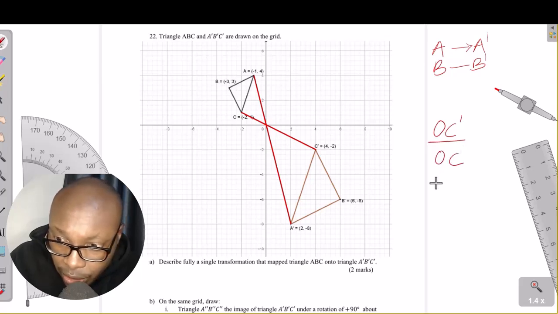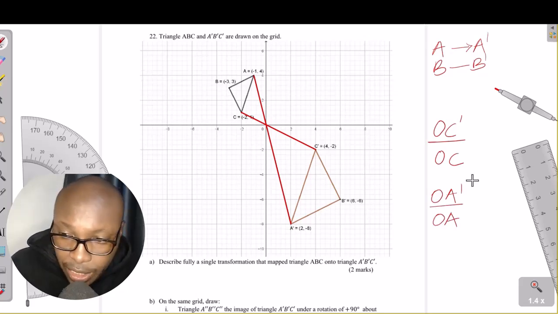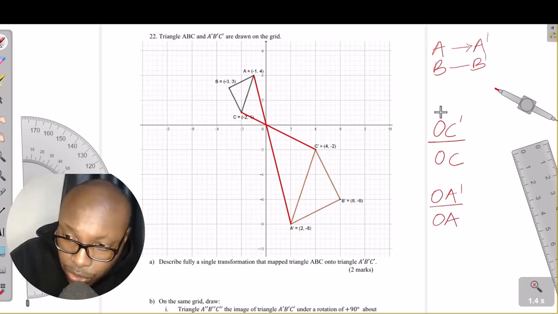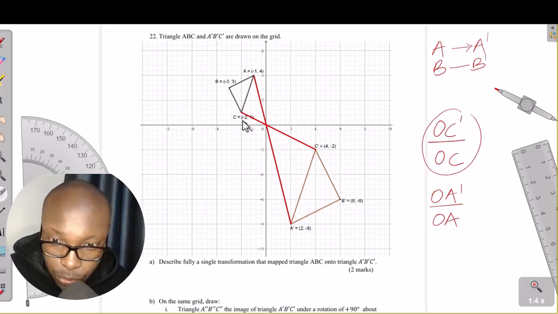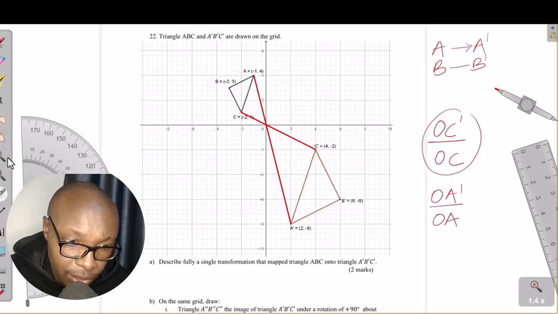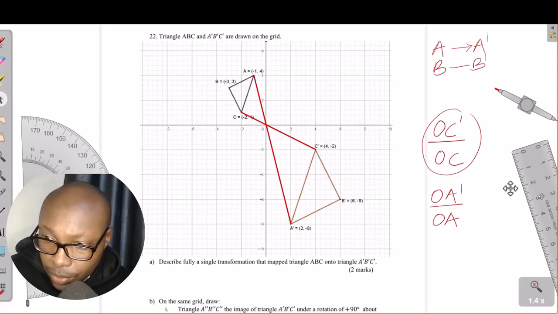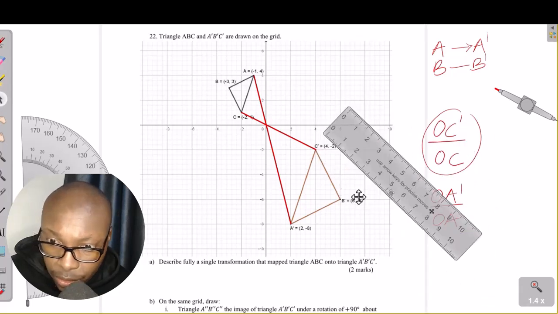Or you can take OA prime divided by OA. Either of these will give you the scale factor of enlargement. So I'll use this distance, O to C prime, from this point to this point. You can use a ruler to take that measurement.